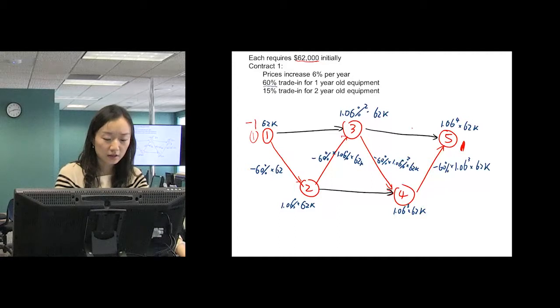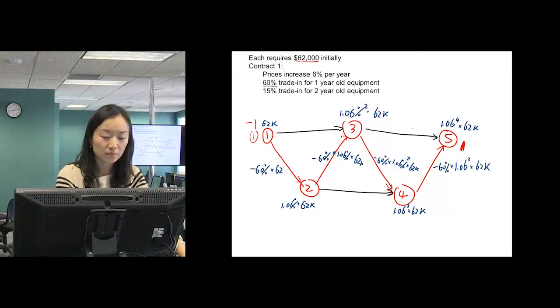And then those black arcs we created represent 2-year trading. So what it's saying is, for this new equipment that we purchased at 62,000 at the beginning of year 1, we're going to use it for 2 years, and then at the beginning of year 3, we're going to trade it in.